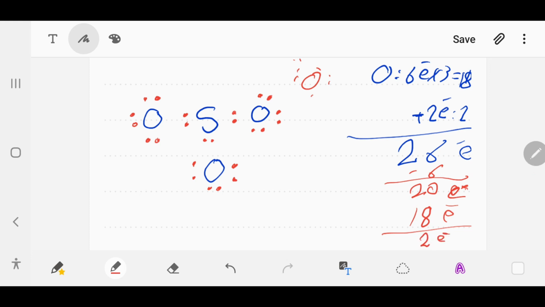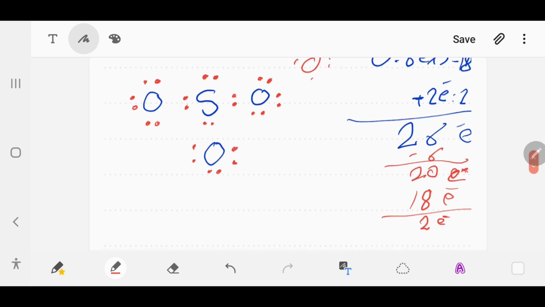We add them to sulfur. So all atoms now are satisfied with the octet rule.